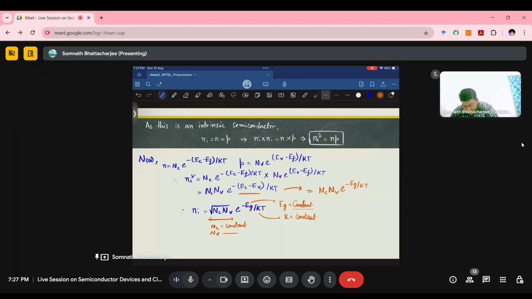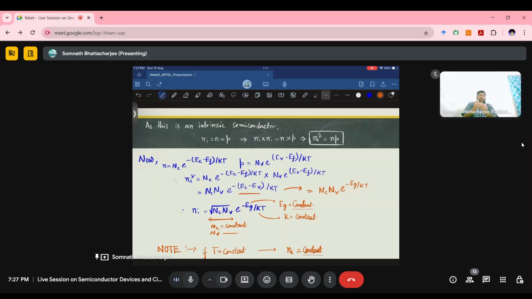So from this we can get that if we keep the value of T constant, then we can get the value of Ni as constant as well.